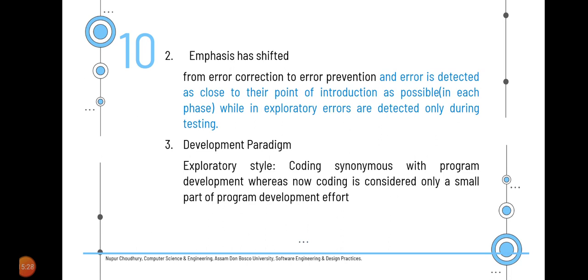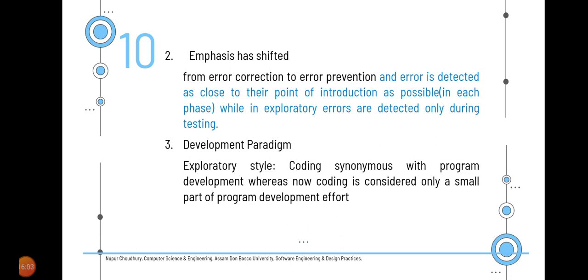However, modern software development involves detecting the errors as close to their point of introduction as possible in each phase, and the bugs are solved then and there before proceeding to the next phase. While in exploratory development, errors are detected only during the testing phase.